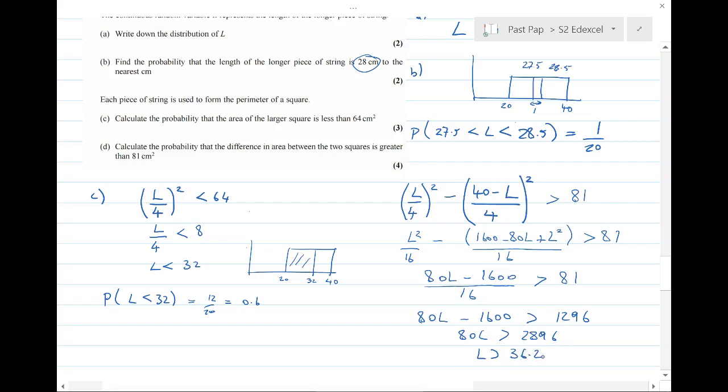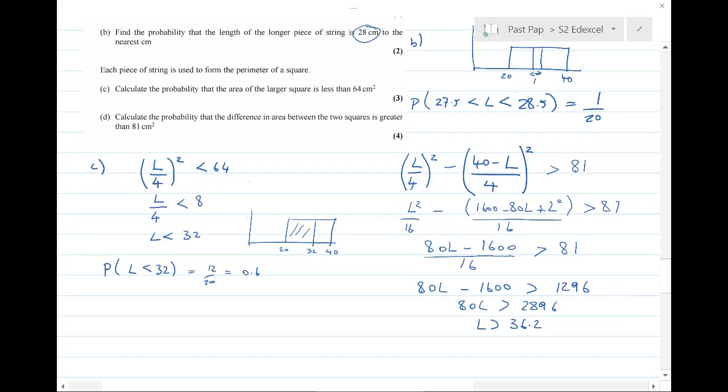So I need now to work out the probability that it's greater than 36.2. I'll go to the diagram again. Some of you might just prefer to use a PDF or whatever, but I always look at the diagram. So 36.2 here, and we want this area, and the two extreme points are 20 and 40.